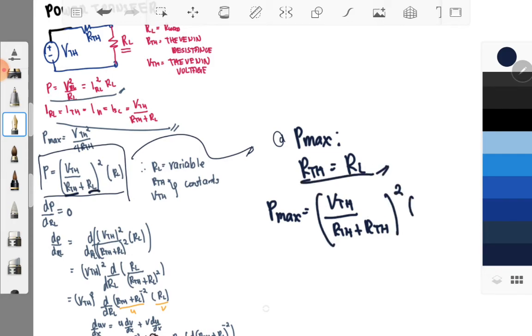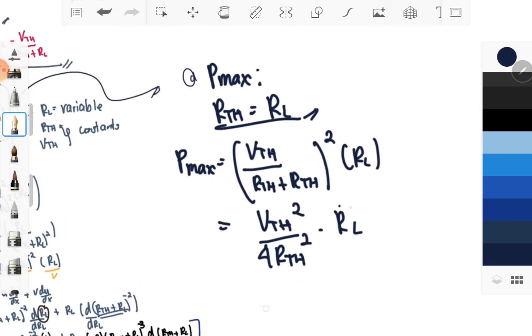Squared multiplied by RL. So therefore, we will have an equation equal to VTH squared all over (RTH plus RTH) squared, which is 2 RTH squared, is equal to 4 RTH squared multiplied by our RL.